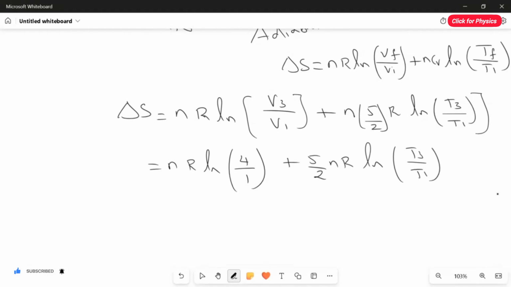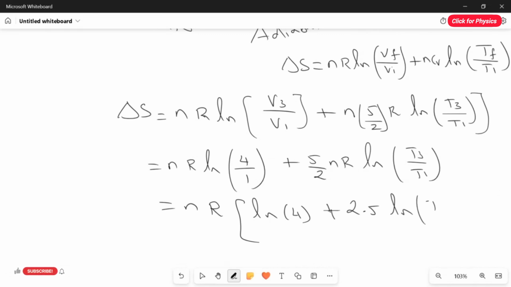Now you can see that in the first part and the second part, the term nR is common, so we can take it outside. Therefore, we get nR times natural log of 4 plus 5 over 2, which is 2.5, times natural log of T3 over T1.